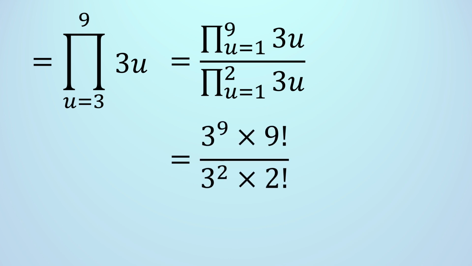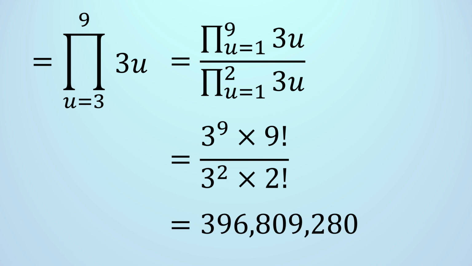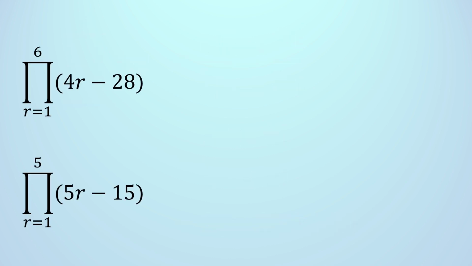And therefore that is just simply going to be 3 to the power of 9 times 9 factorial, all divided by 3 squared times 2 factorial, again using some of the skills we said earlier about splitting up that 3 from the u and calculating them as two separate products. Nice, that will become 396,809,280.